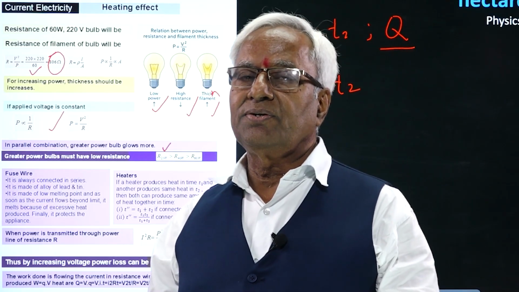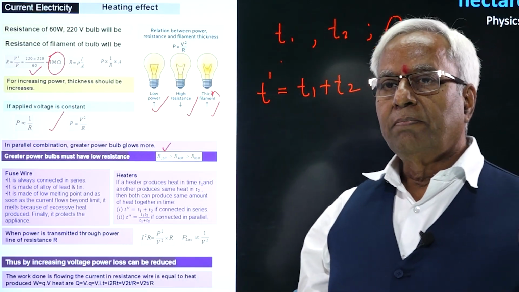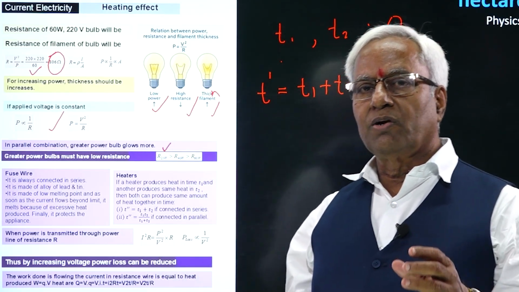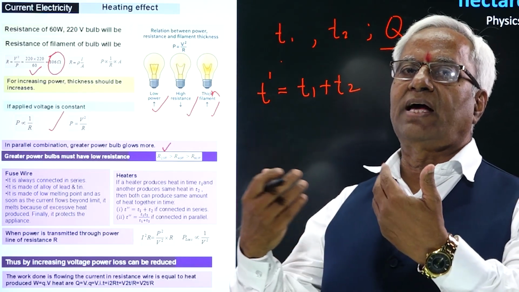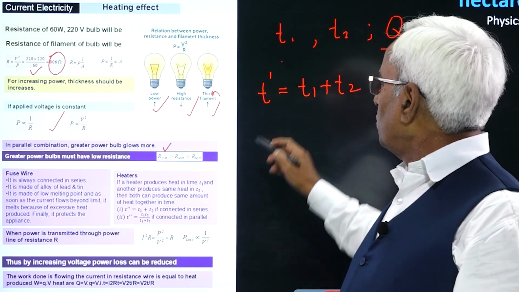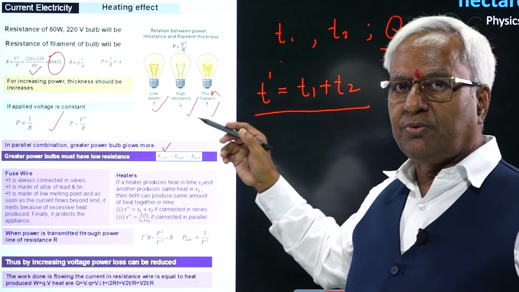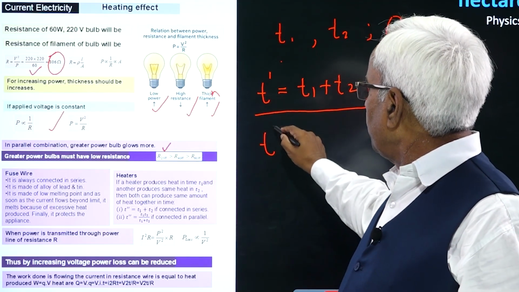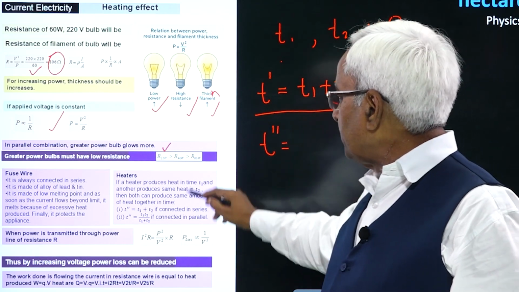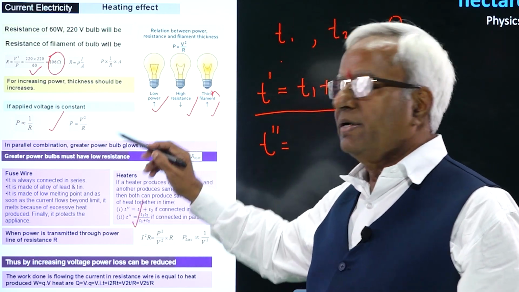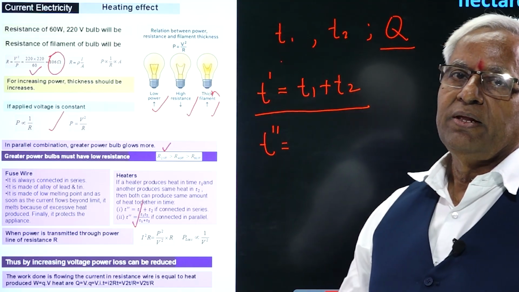Once the resistance increases, power decreases. Power has decreased means less amount of heat will be produced and greater time will be needed. So in series combination, time taken by them will be T1 plus T2. In parallel, it is going to be T1 T2 upon T1 plus T2.